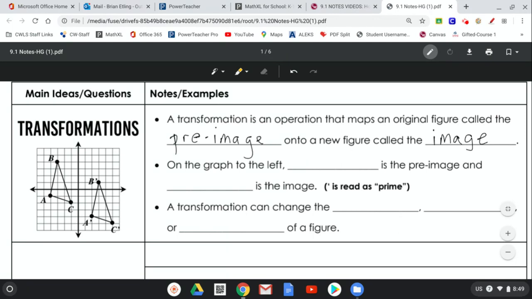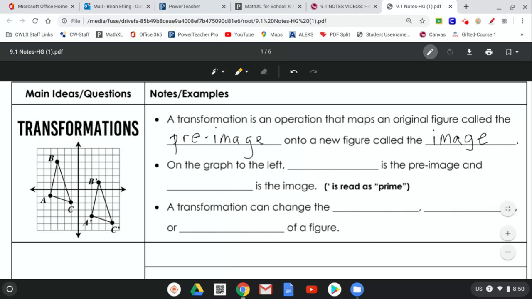It's just a picture of the figure. It's an image of the figure. So whatever you're taking a picture of, that's like the pre-image, and the picture on your phone is the image. So that's what I think of to wrap the vocabulary around in my head.